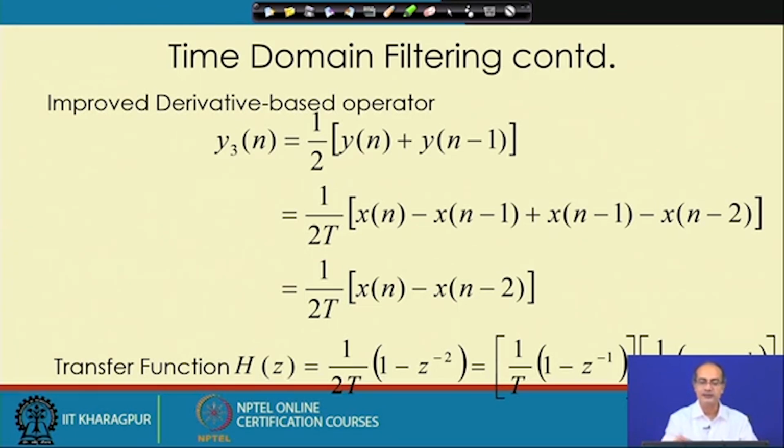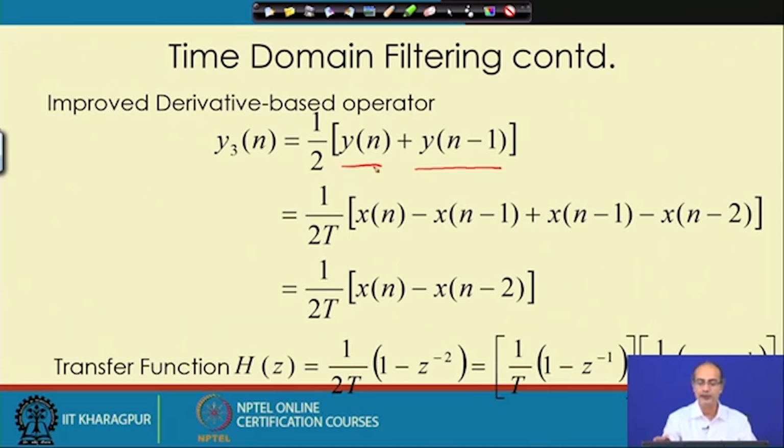So, the derivative based filter needs some improvement or modification, and here one such modification is shown. The simple derivative based filter is taken to a second stage. That is taken as an input, and we take the lags, the present and the just past output of that filter, and these two are averaged.